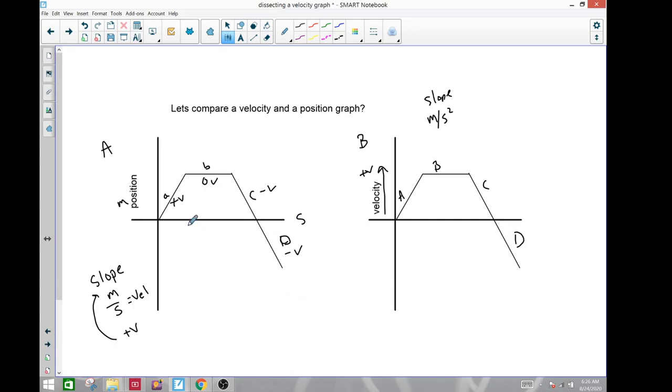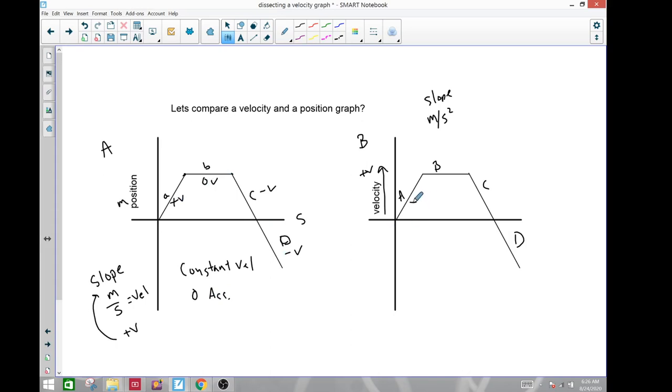In this case, since the velocity is the slope, everything in this line is constant, except for at the changes here at the points. Constant velocity, so zero acceleration on really anything that we're looking at inside these lines.